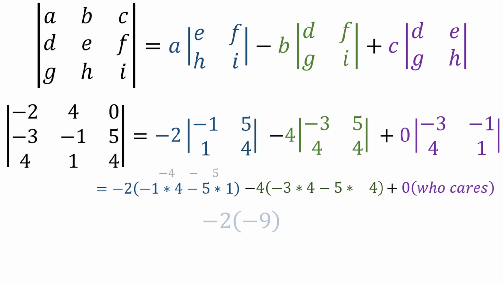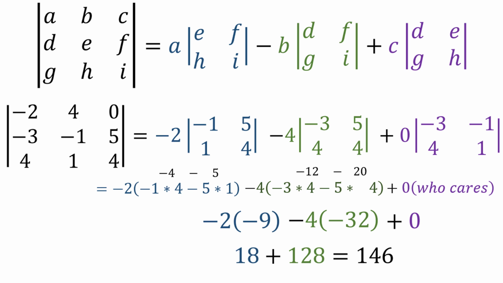This simplifies to negative 2 times negative 9, as negative 4 minus 5 is negative 9. And then we must subtract 4 times negative 32, as negative 12 minus 20 is negative 32. And then we add 0, as 0 times who cares is equal to 0. We get 18 plus 128, which is equal to 146. 146 is the determinant of this 3 by 3 matrix.